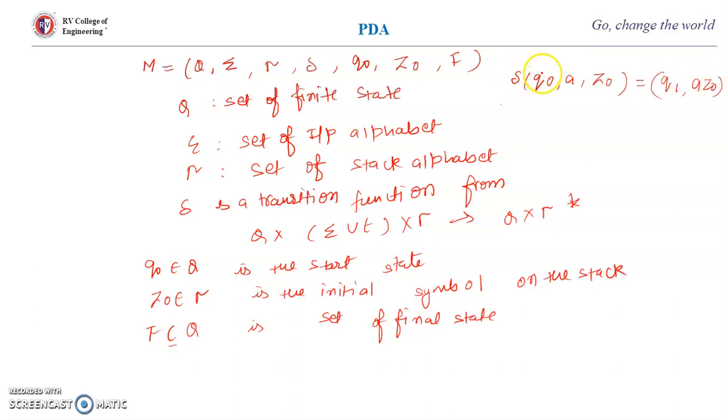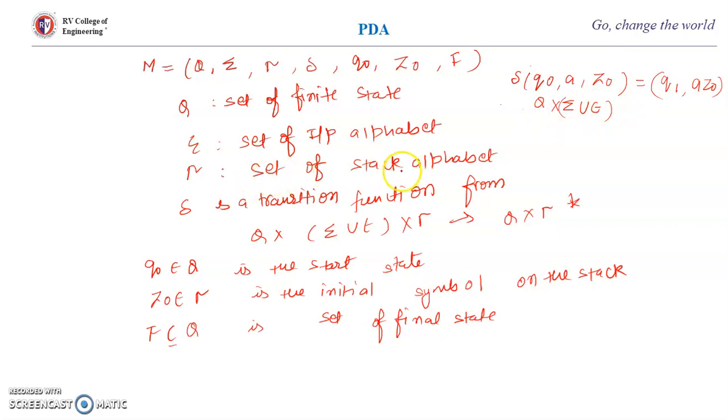The first parameter is going to come from Q, the second will be the input alphabet from sigma, and the second parameter can be epsilon also, because a PDA is a non-deterministic finite automata plus stack. So this epsilon will also come, and the third parameter will be the stack top.